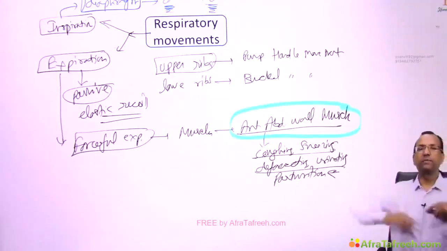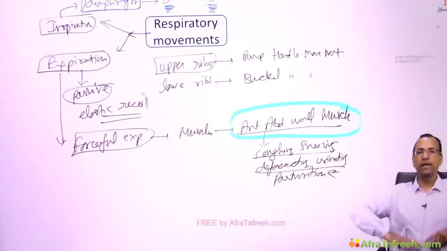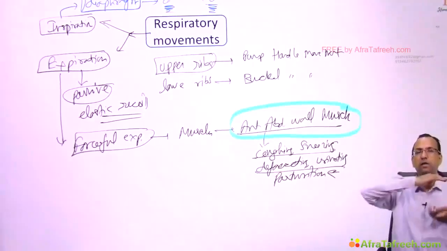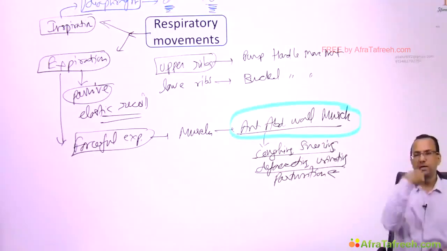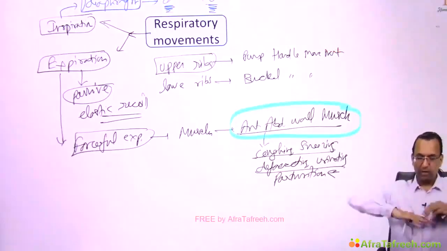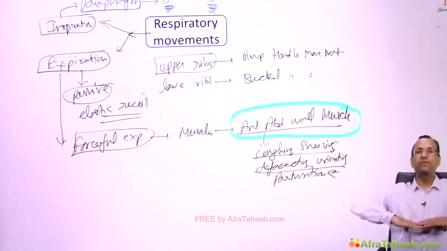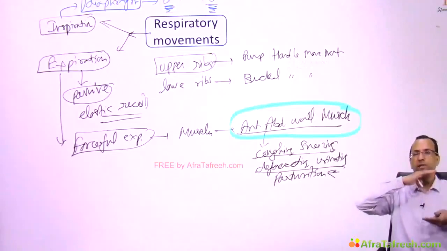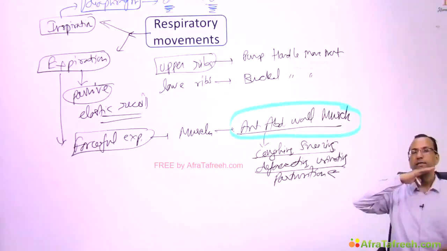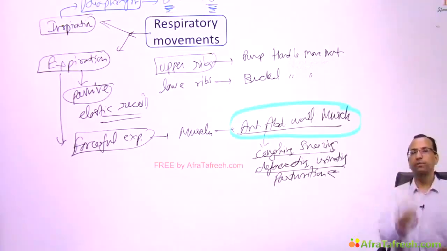And when it does, the lungs will expand and suck the air inside. So when I'm doing deep inspiration, the diaphragm will descend, the lungs will expand vertically, and they will suck the air inside. That's the point.